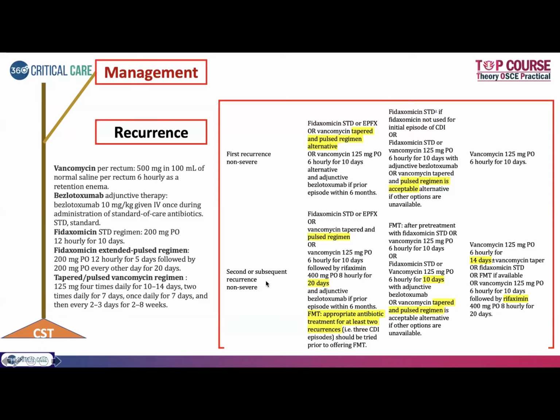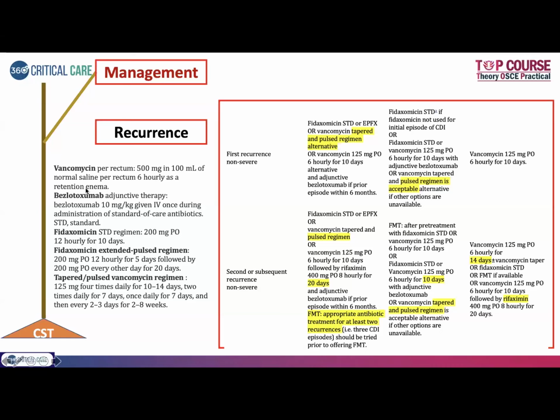Then for the second recurrence, you'll have to give fidaxomicin or vancomycin at a tapered pulsed regimen. Every week you will be coming down to 4 times a week, then 2 times a week, like that. It should be pulsed and tapered off. If there is more frequent recurrence, consider fecal microbiota transplant.